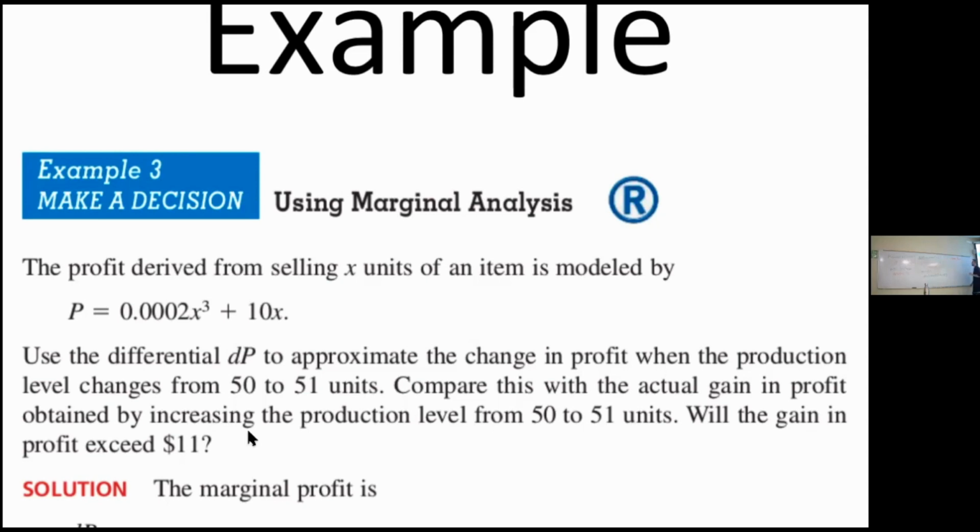P of x plus delta x minus p of x is going to be equal to 0.0002 times (x plus delta x) cubed plus 10 times (x plus delta x), minus 0.0002 times x cubed plus 10x.